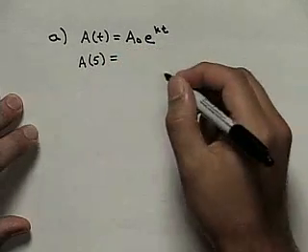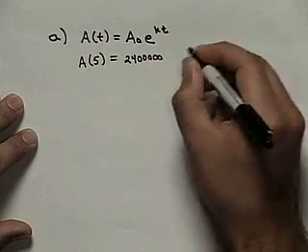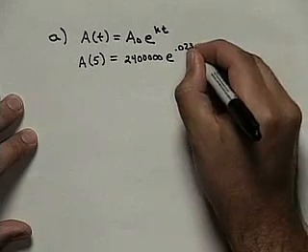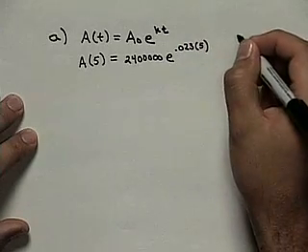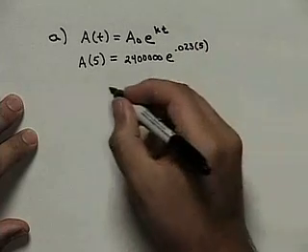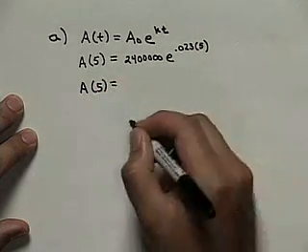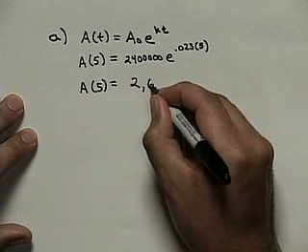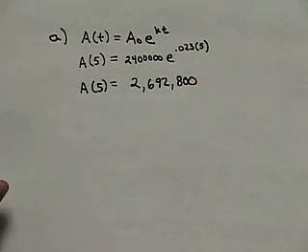And that's going to be equal to 2.4 million times e raised to the 0.023, and the t value again is 5. So, using the calculator and working that out, what we find out is that A of 5 is equal to 2,692,800. So that would be the population after the first 5 minutes.